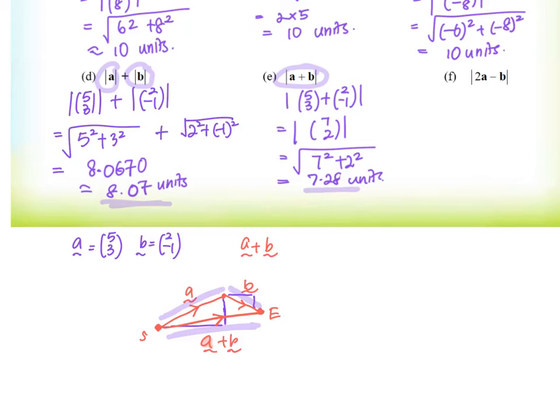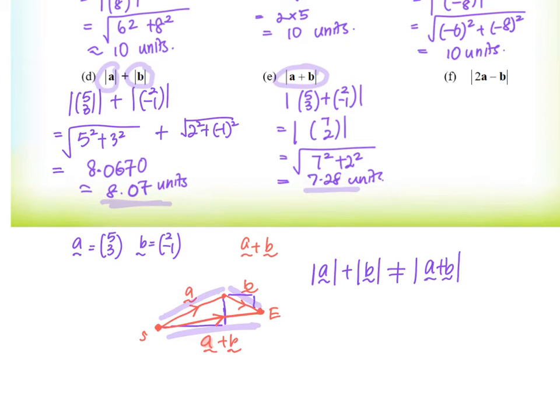So that's why the magnitude of A plus the magnitude of B is not equal to the magnitude of A plus B, due to the triangle law of addition.